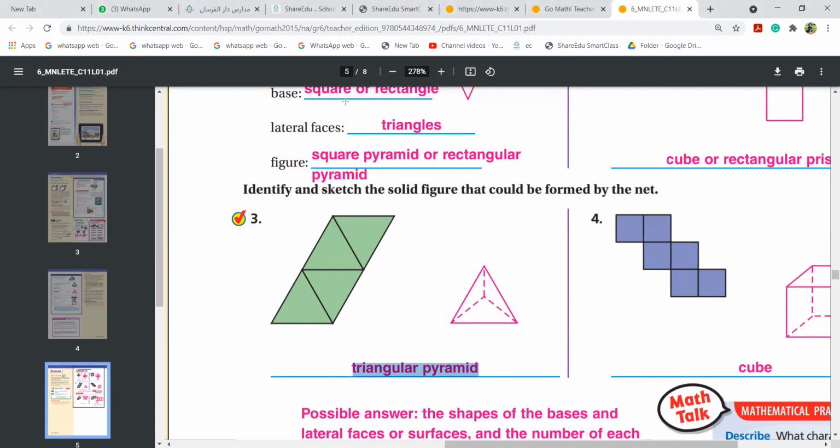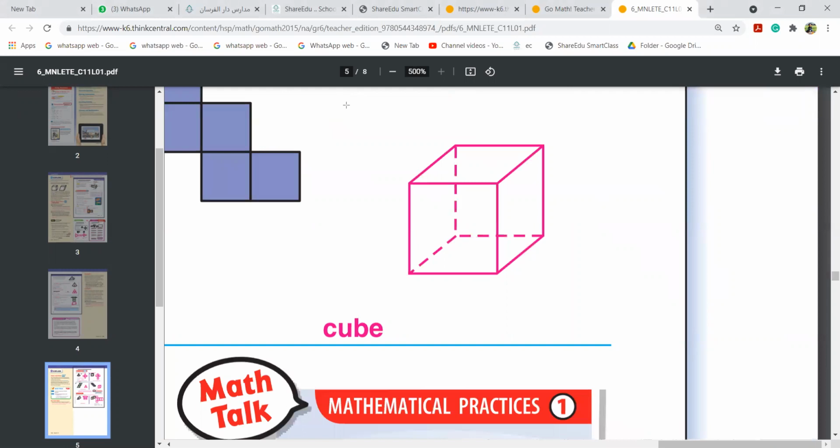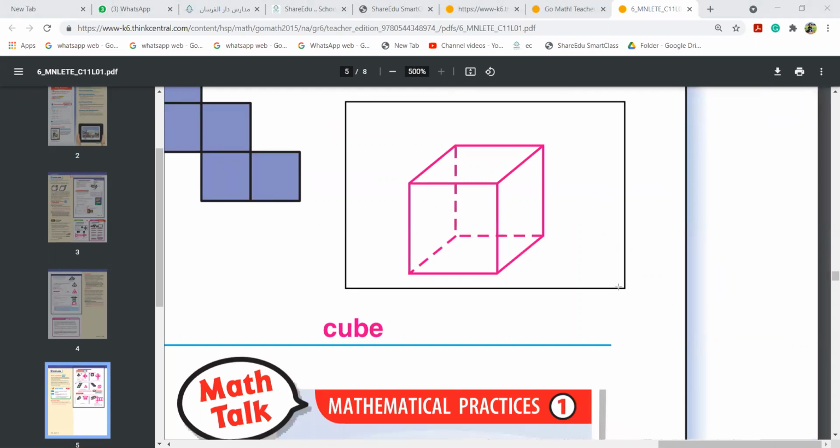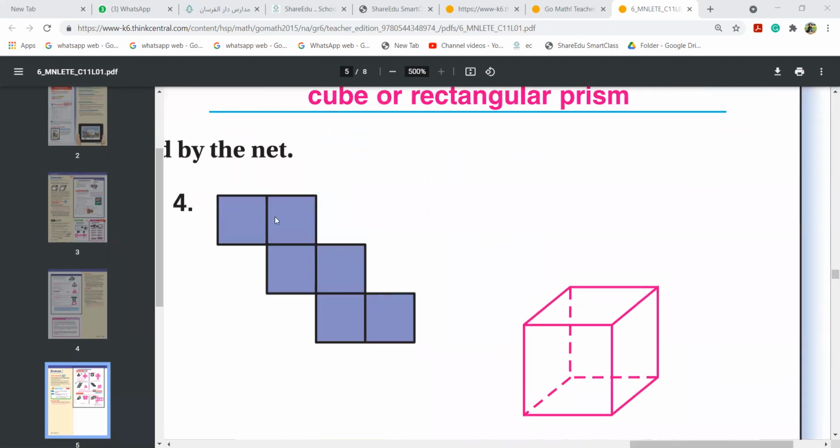Now this one, actually this is a cube. Do you agree that this is a cube, Malak? Yes, this one is a cube. Sometimes you get a cake box at your home, and when you want to throw it in the dustbin, you don't throw the whole box like that. You open it up so that it doesn't take space. When you open the box, it's exactly this way. If you open up all the cubes, it is this way.